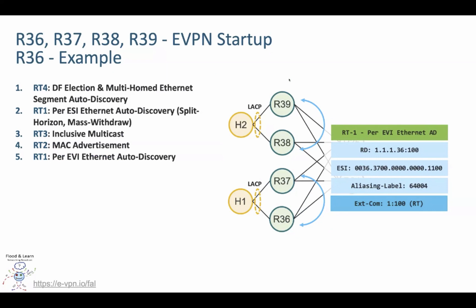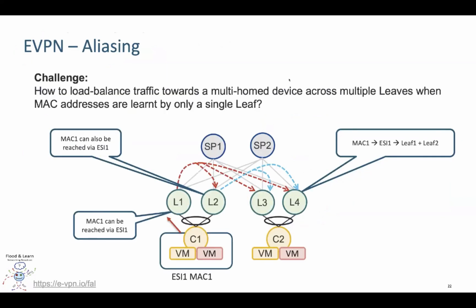So if you see that some MAC address is coming from the Ethernet segment which is connected to me, and I'm using this particular EVI instance, you can also forward to me, so you can do the balancing. If we look at what's basically happening from the EVPN point of view, this is what we call aliasing. You can imagine this as BGP multipath in, for example, the VPNv4, VPNv6 example.